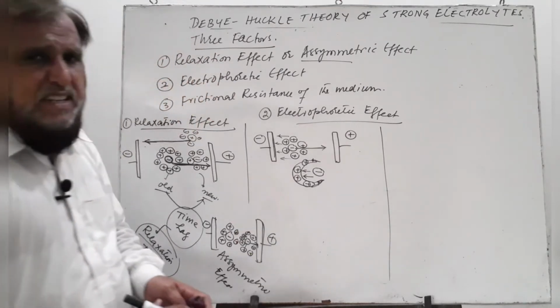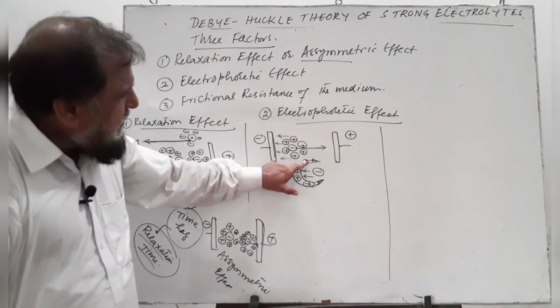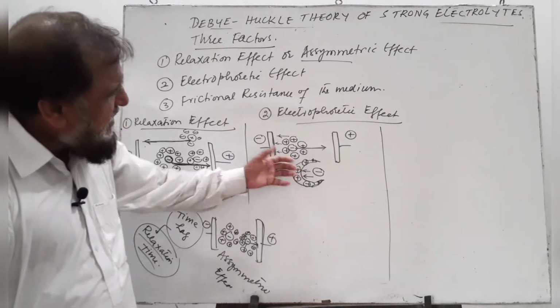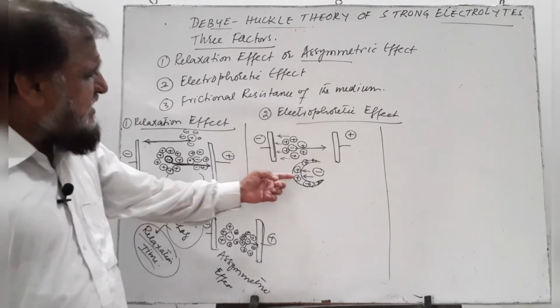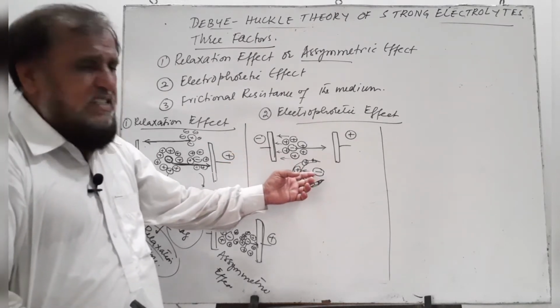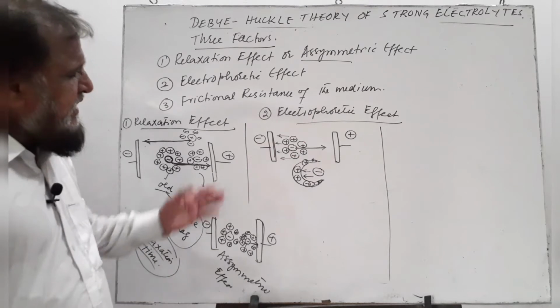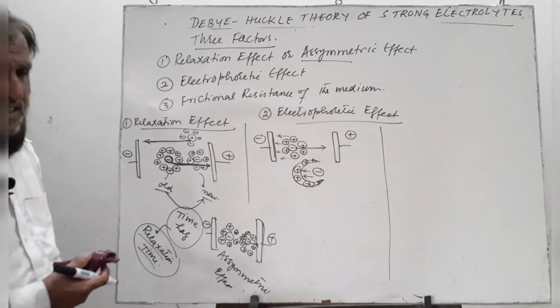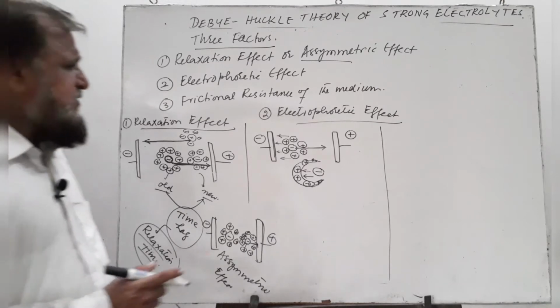Now when we increase dilution, the number of positive ions which are dragging the negative ion in the reverse direction, in the backward direction, decreases. As a result, the negative ion is somewhat free and it can easily move towards the positive electrode, and the electrical conductivity as a result will increase.